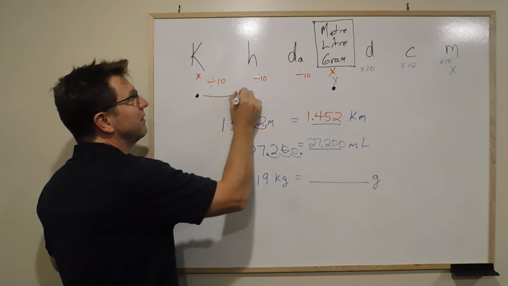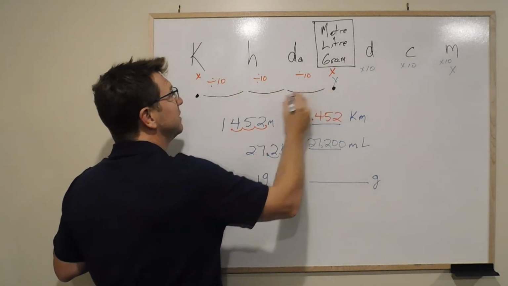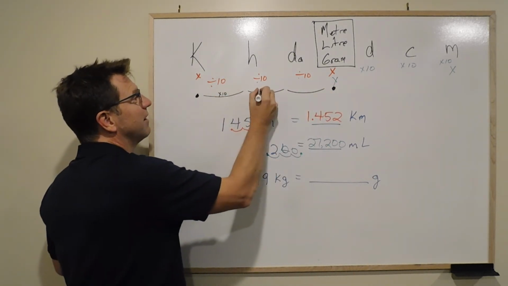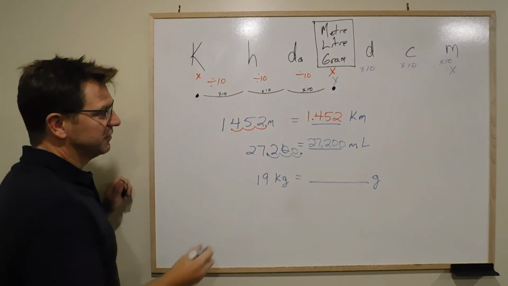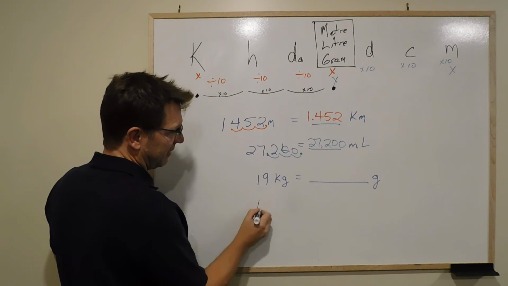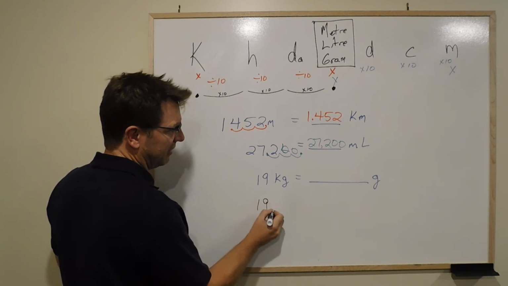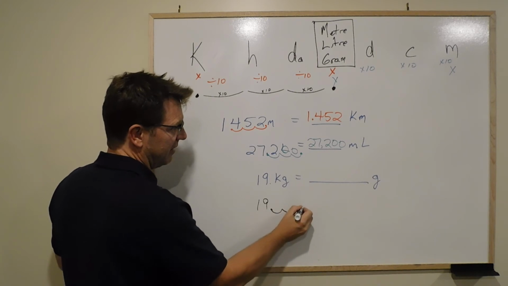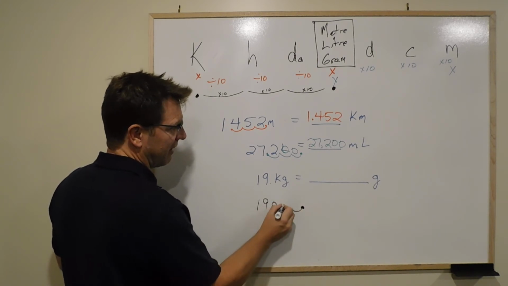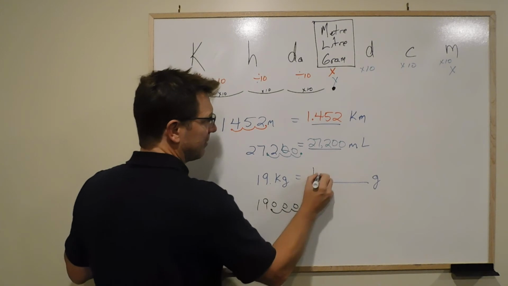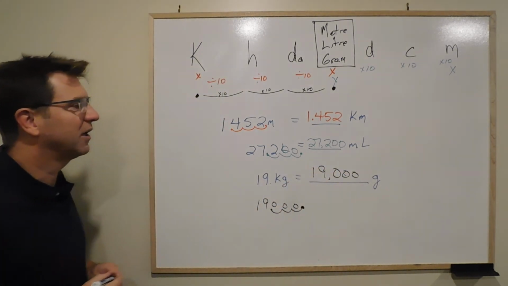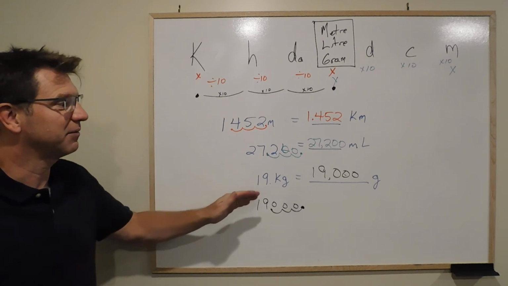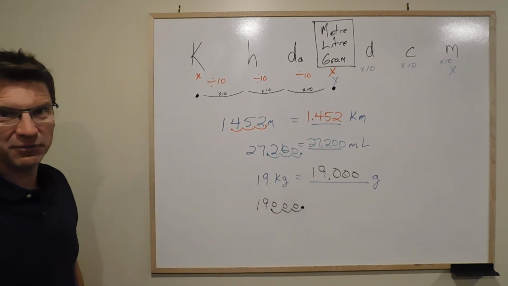And I am moving this direction, so these will be multiply. So 19 kilograms, the decimal place was here, right? And I have to move it 1, 2, 3. So I have to put it here, and add some zeros there. So it's going to be 19,000 grams. So 19 kilograms is 19,000 grams.